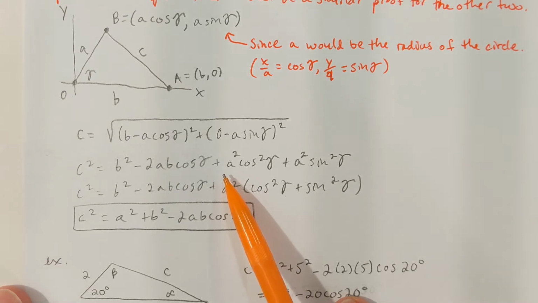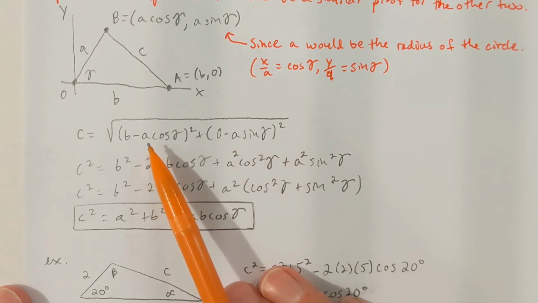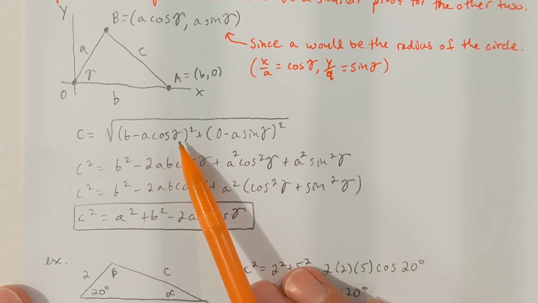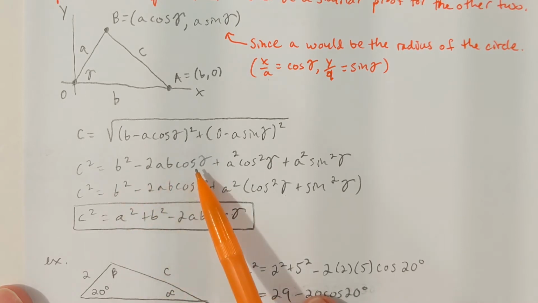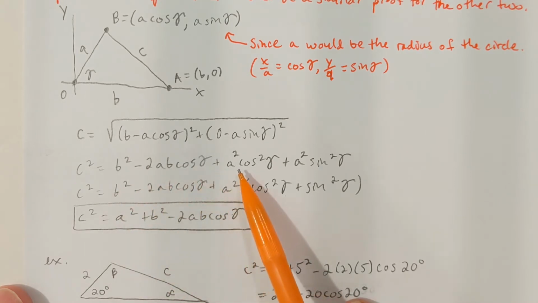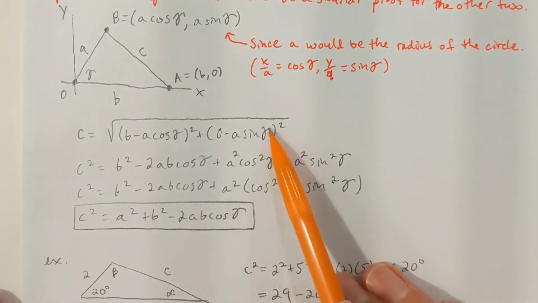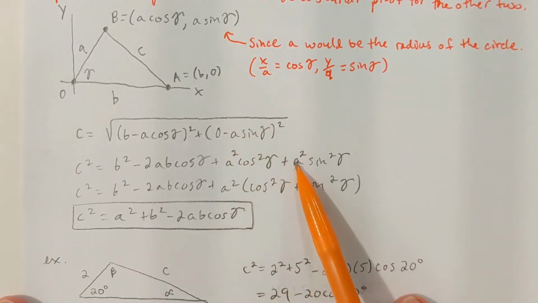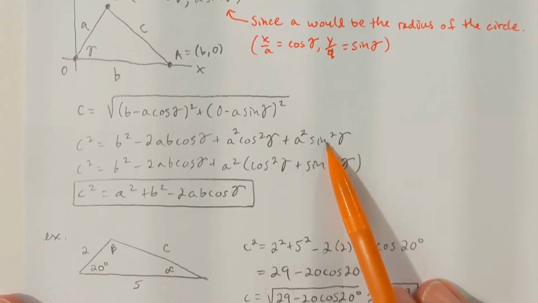And also I'm going to FOIL out these two parts underneath. B minus A cosine gamma times another B minus A cosine gamma would be B squared minus 2AB cosine gamma plus A squared cosine squared gamma. Over here you're squaring a negative, so it's going to be A squared times sine squared gamma.